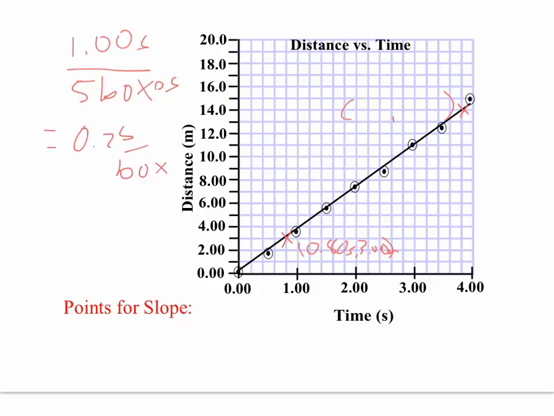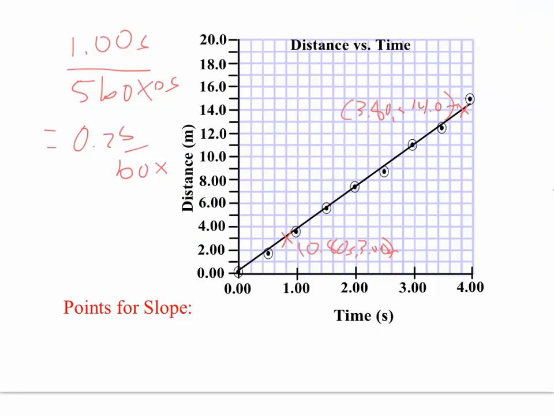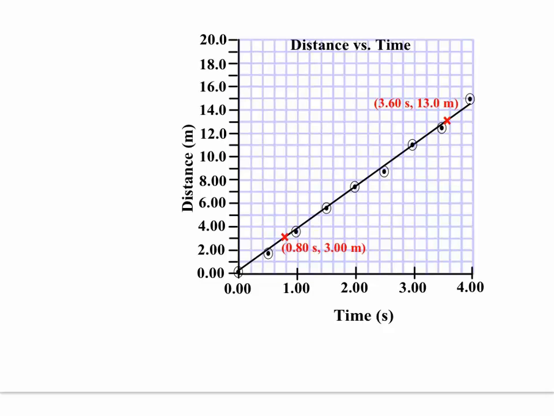So let's label that right on the graph itself. And the distance crosses right at 14.0 meters. That's a little sloppy, but I've got a cleaner version a couple slides ahead. Ta-da!